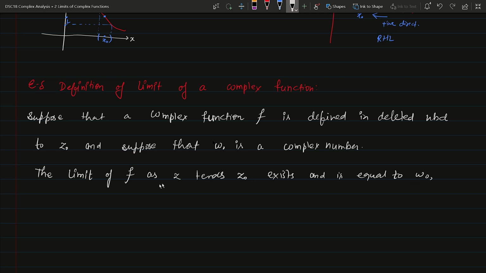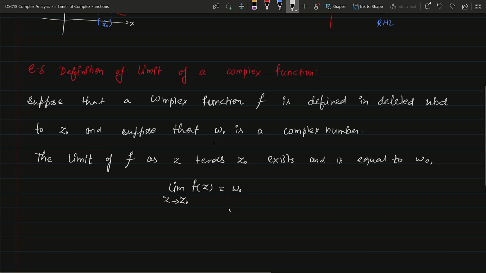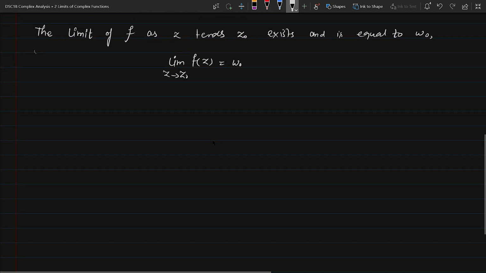And how do we write this? That limit z tends to z naught, f of z is going to be w naught. Okay, and we write this.